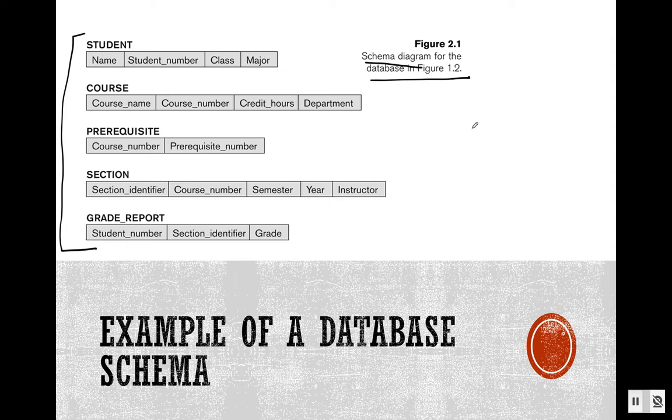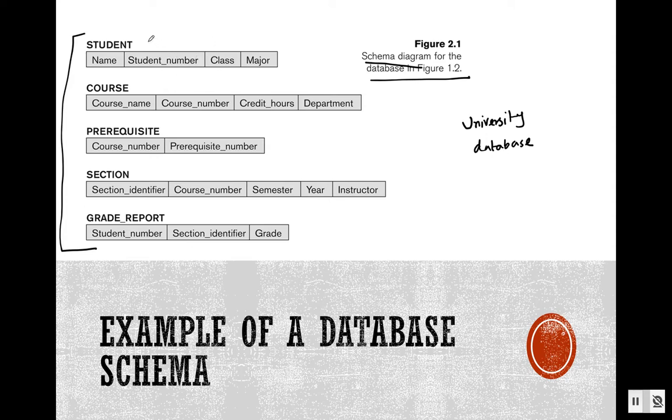We are using the same university database example that we saw in our last chapter, where we have student, course, prerequisite, section, and grade report. This schema gives us a description of the database.